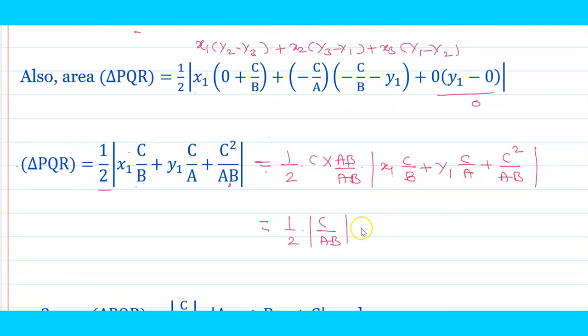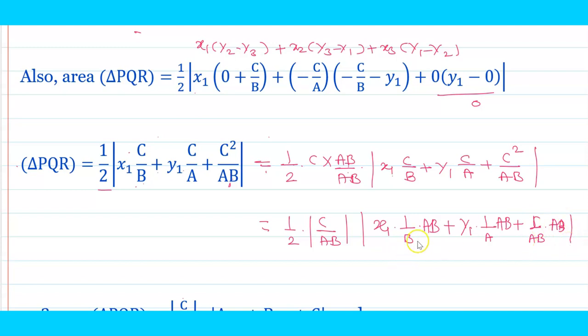Then here you will get x1 into 1 upon B into AB, as we have taken C as a common, therefore x1 into 1 upon B into AB plus y1 into 1 upon A into AB plus, okay, and the last is 1 upon AB into, this is the one more C upon AB, and here is a AB.